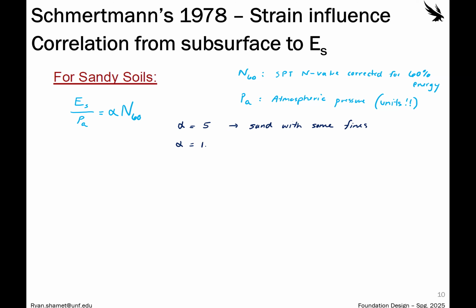Our alpha value is going to be equal to 10 if we have what we call clean sand, meaning no fines, and this is also normally consolidated sands.